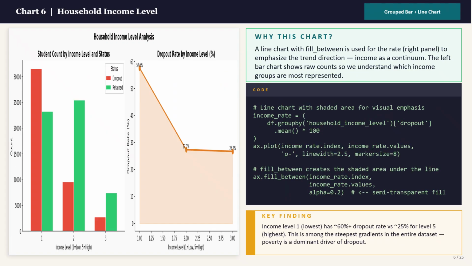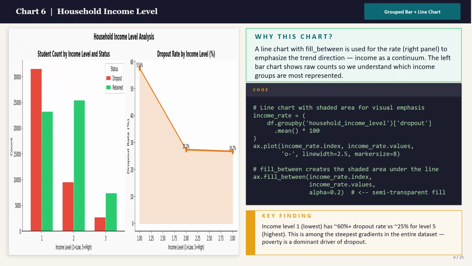And we also had a line chart that we used together with some group bar charts, and the line chart with fill between is used for rate in the right panel to emphasize the trend direction, income as continuum.